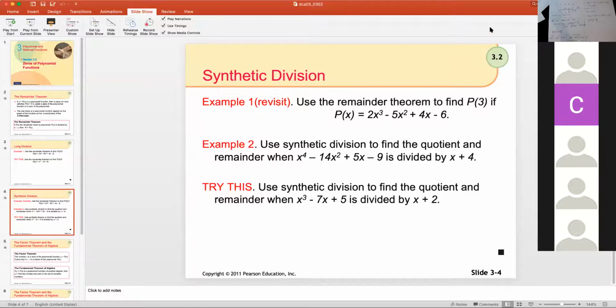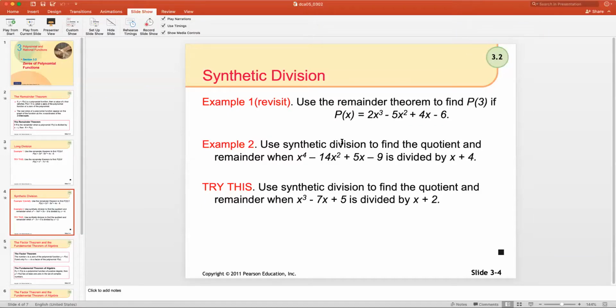So here's a slide. Let's see an example. Example 2: use division to find the quotient and the remainder when x to the 4th power minus 14x squared plus 5x minus 9 is divided by x plus 4. You could use ordinary division instead of synthetic division.